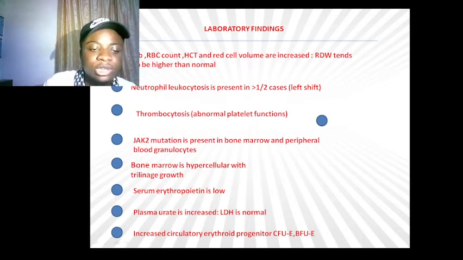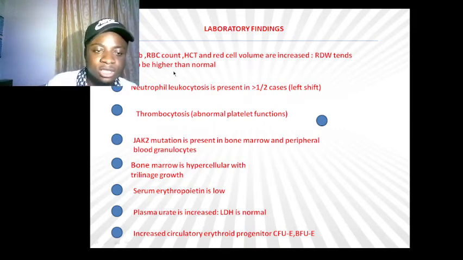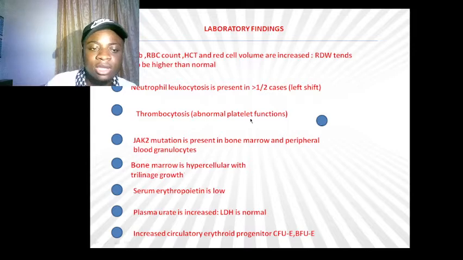Now there is increased circulating erythroid progenitors like colony forming unit E and BFU-E. All these things can be seen in patients with chronic polycythemia vera. So you take good care of that.